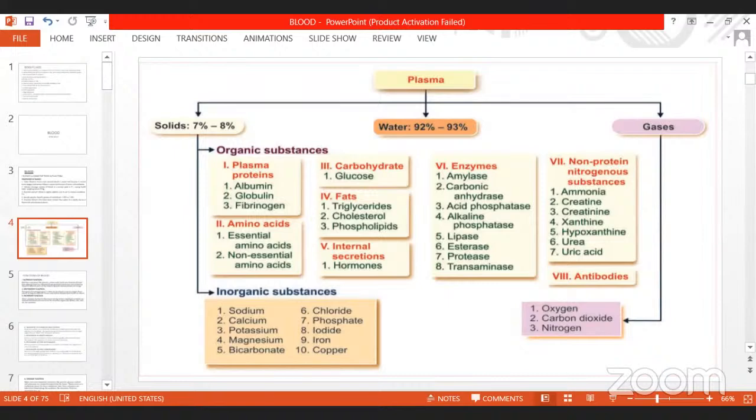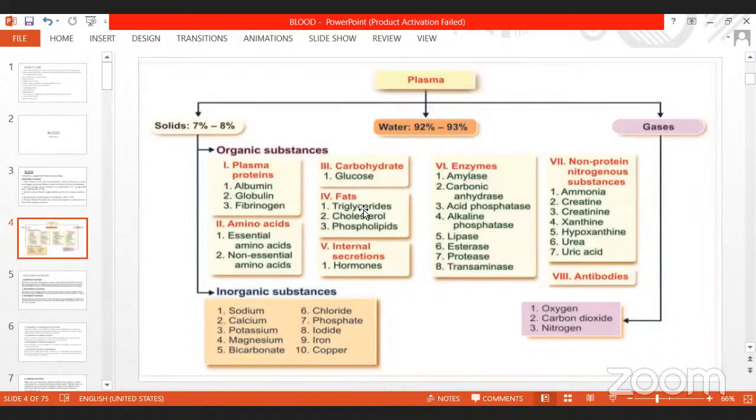So in a nutshell, we can see the plasma part of the blood contains 7 to 8% of solids, 92 to 93% of water, and some gases like oxygen, carbon dioxide, and nitrogen. The organic substances, that is the solid part, present in the plasma are plasma proteins. They are albumin, globulin, and fibrinogen. Amino acids, that is essential and non-essential amino acids. Carbohydrates like glucose.